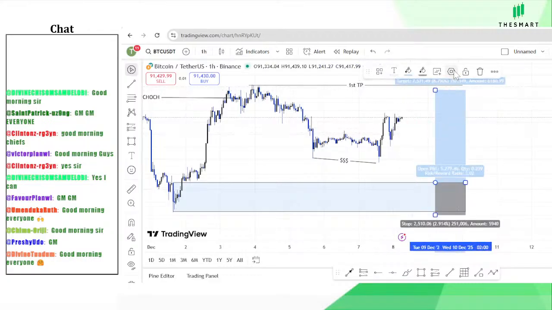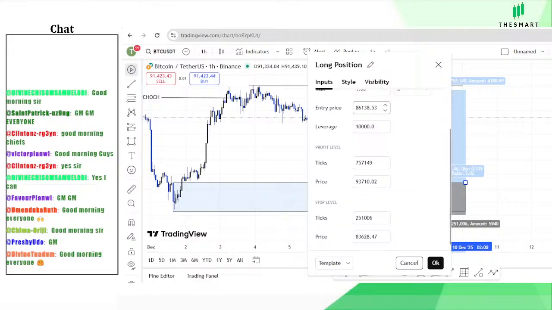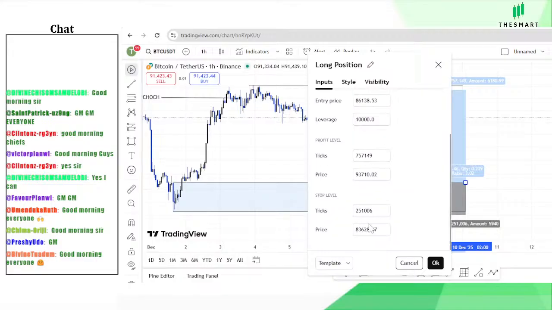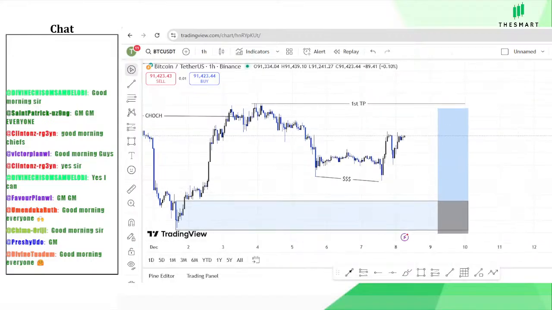So if you want to get the entry, this is the detail. Here's my entry, and you can see the stop loss value and the take profit value. So this is what we have on BTC. This morning we are looking for a potential buy.